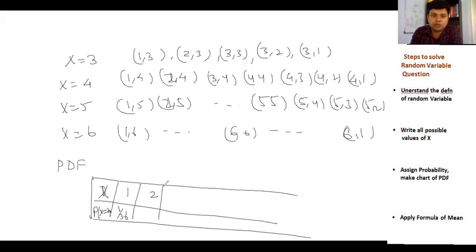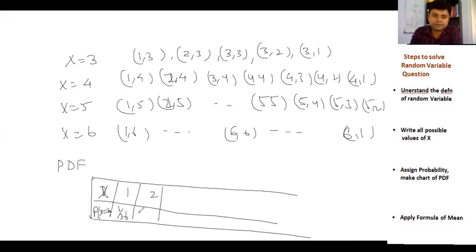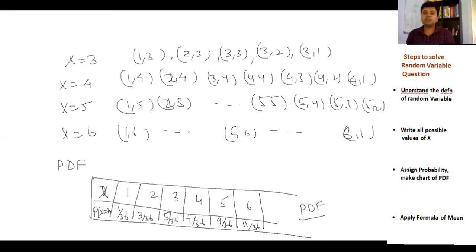For 2, I see 3 outcomes, so it is 3 by 36. For 3, it is 5 by 36. For 4, it is 7 by 36. For 5, it is 9 by 36. For 6, it is 11 by 36. So this is the probability distribution function of the random variable given.